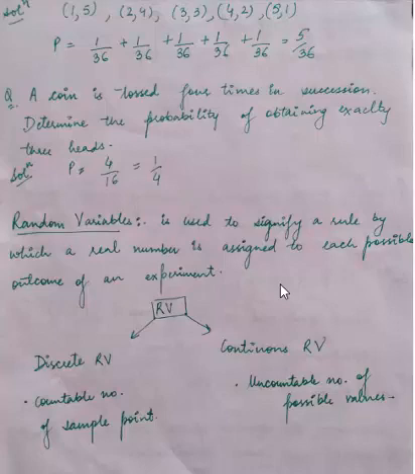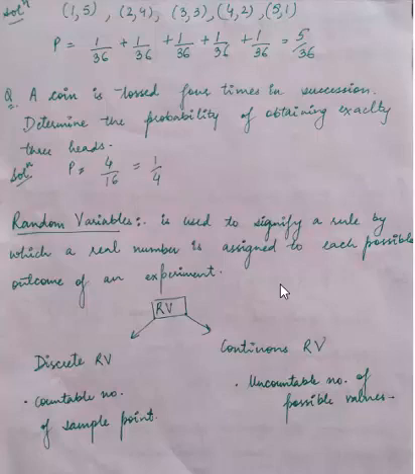The next comparison: discrete data can take only certain values, for example, the number of students in a class. You can't have 56.5 students. But continuous data can take any value, including decimal points, within a range.